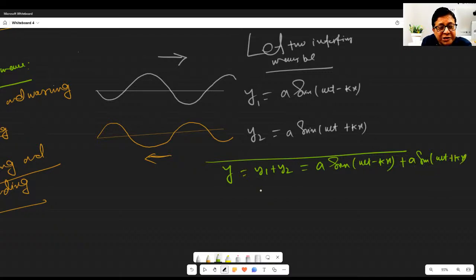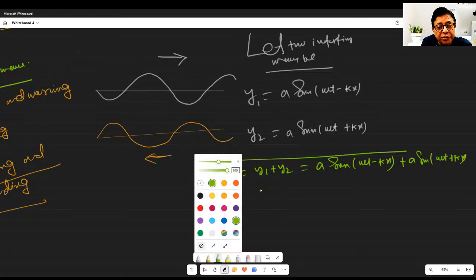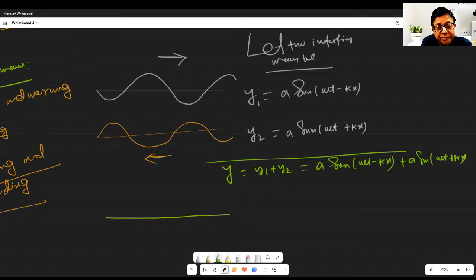Here, if you go by this physical observation, what will you observe? If they are of equal amplitude, at this point what will the resultant waveform be? Zero. This one takes a distance down, the second wave takes a distance up.